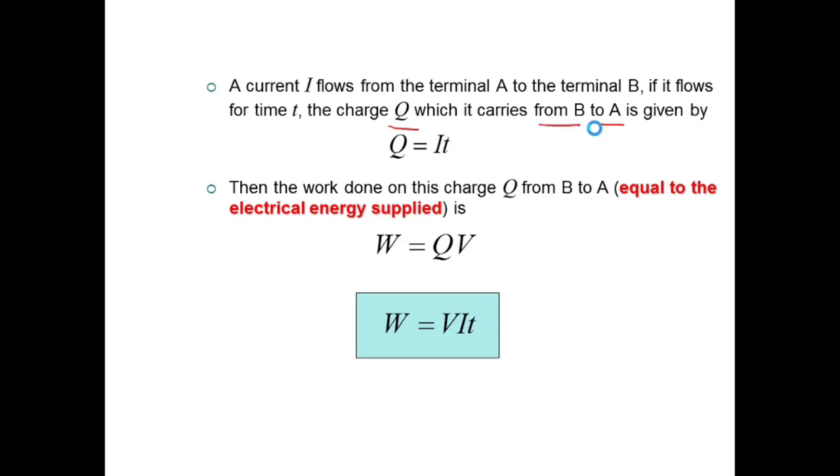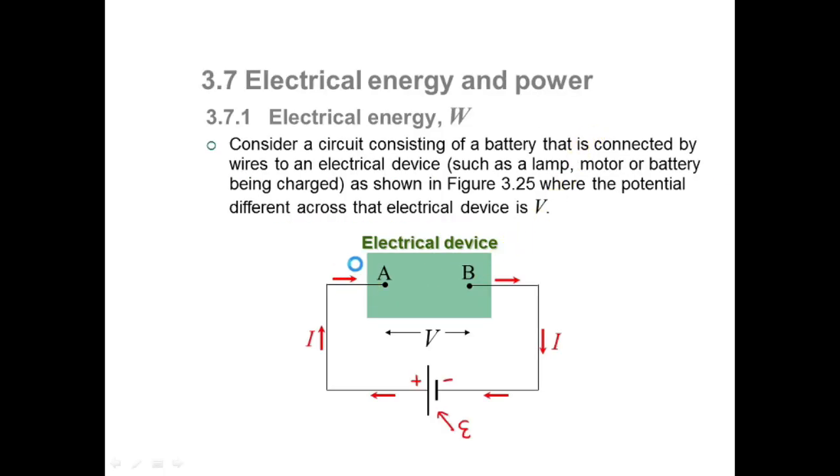Let's say we have a charge at A, for example 3 electrons. We want to bring a proton, a positive charge, from A to B. So what is the energy required to make this happen?